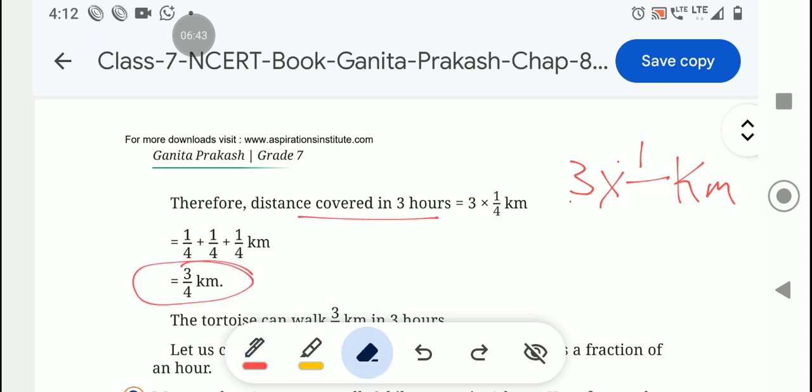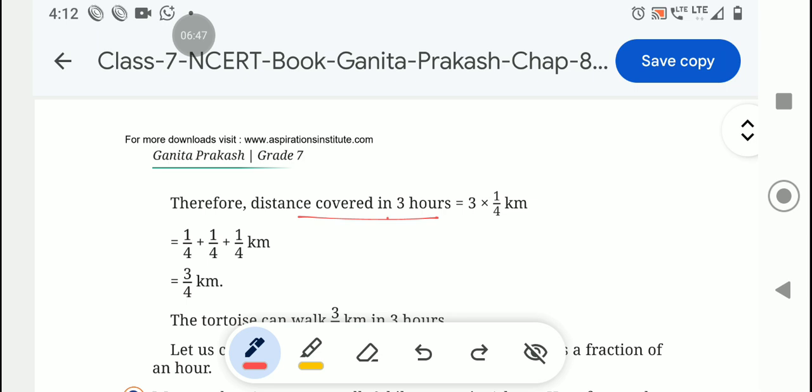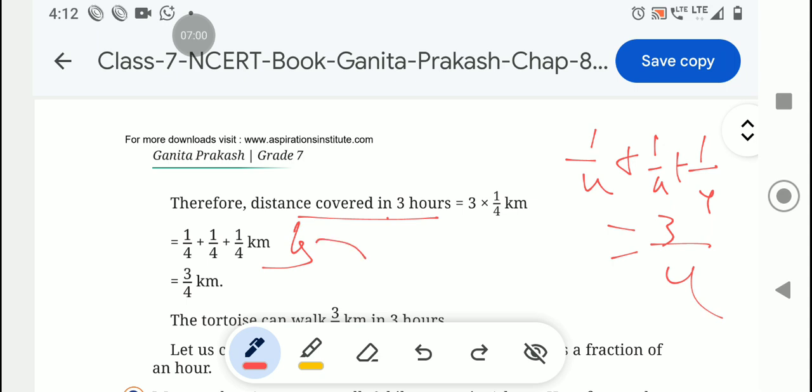It can walk 3/4 kilometer in 3 hours. The same can be done in the addition way: 1/4 plus 1/4 plus 1/4. The answer is 3/4. If you do it this way also, you'll get the same answer as in multiplication.